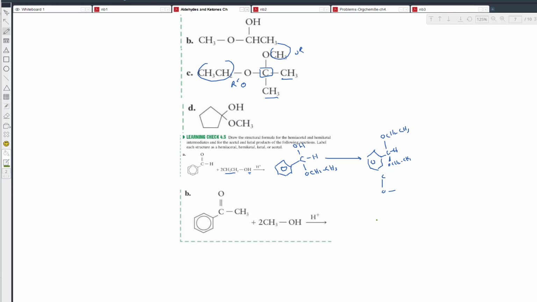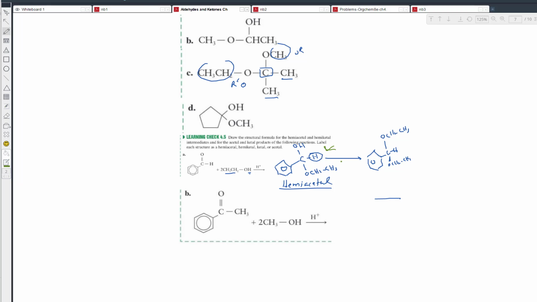So what is this? Can you label these two? This one here is hemiacetal. Why not hemiketal? Because there is one hydrogen here, and also it is coming from an aldehyde. Hemiacetal.